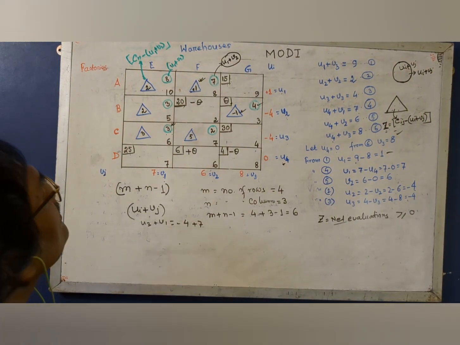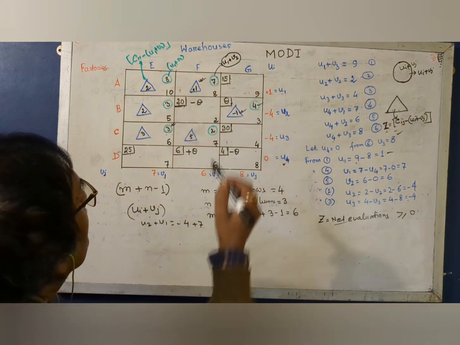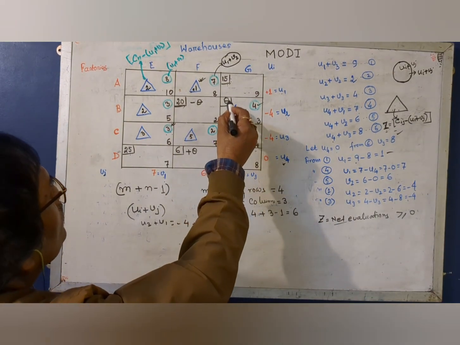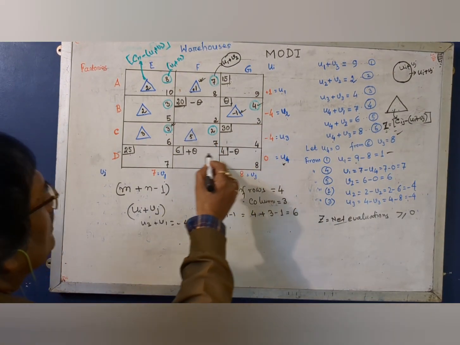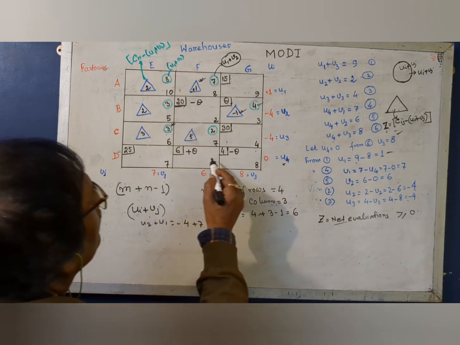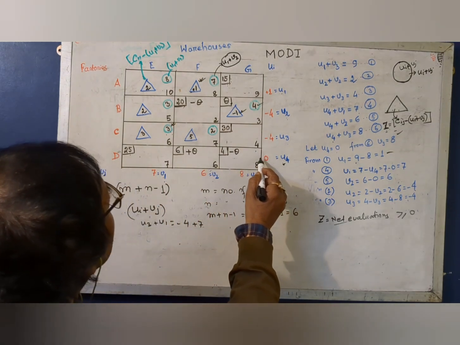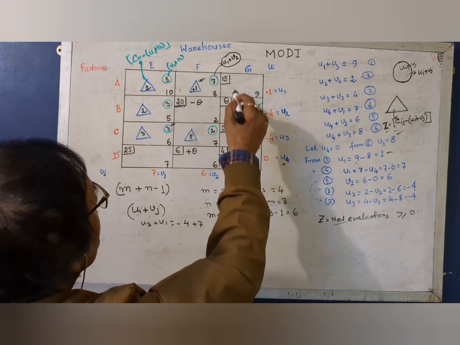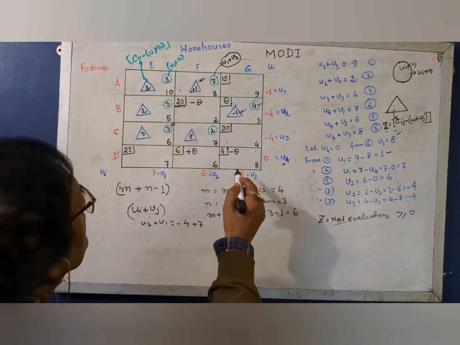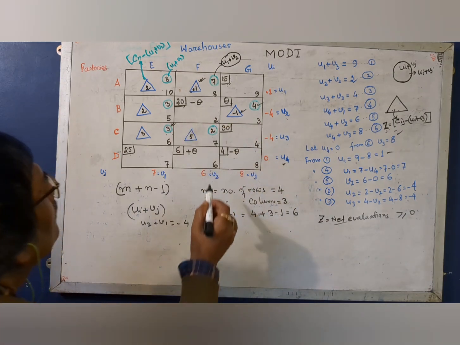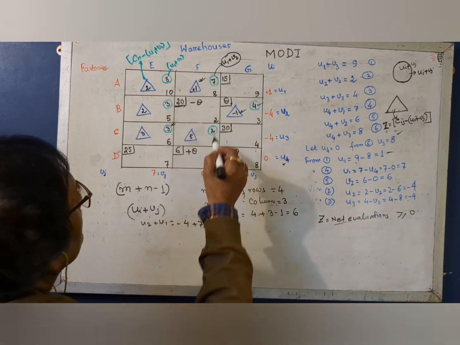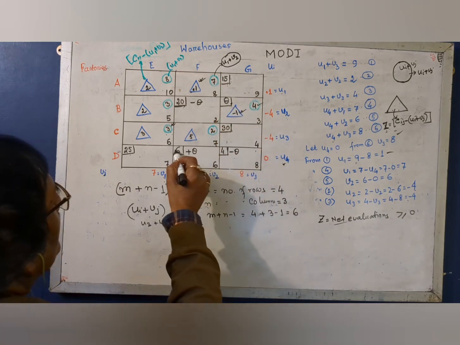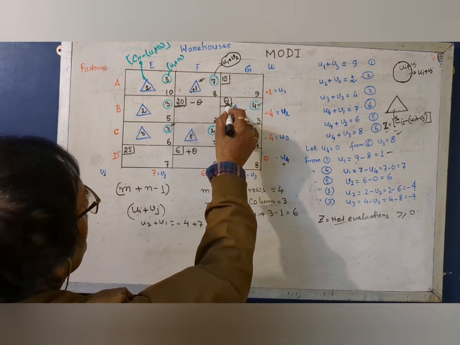To add one variable theta, you have to place it in such a way that the total availability for the factories and the requirements should not be disturbed. It is better if you can find a square. In this case, this is the square, and I have adjusted with the corners.